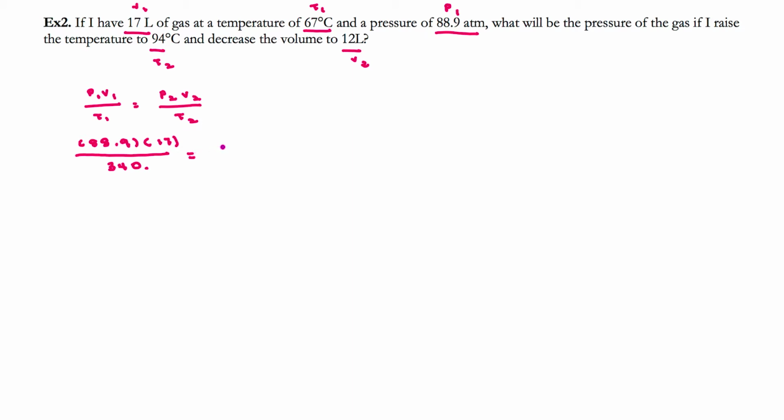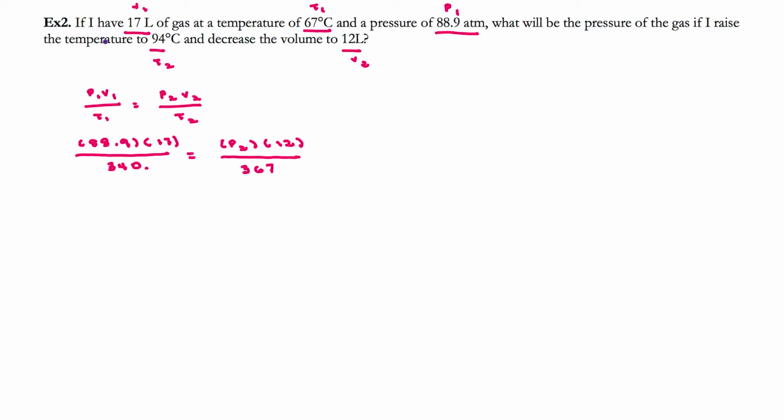My P2 is what I am solving for, because it asks what the pressure is. My volume has decreased to 12 liters. Notice my units for volume match up, so I'm good there. And then my new temperature, 94, I need to add 273 to that, and the value I get is 367 Kelvin.